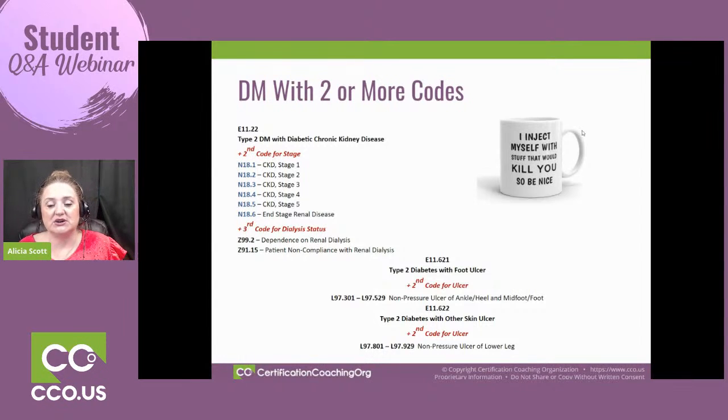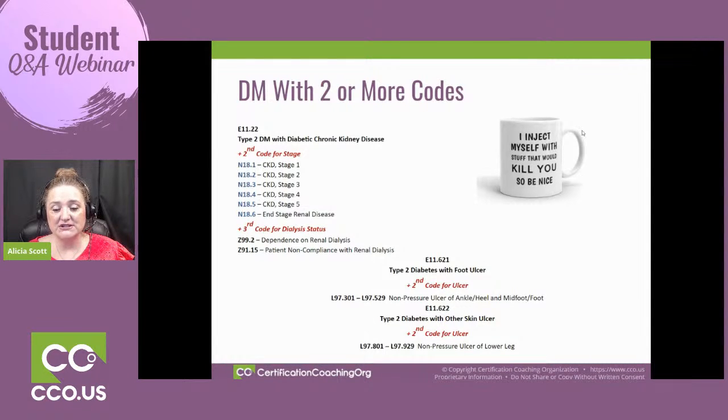So you'll notice the code range for the ulcers, L97, and these are non-pressure ulcers, foot ulcers that are diabetic ulcers. L97 is where you're going to be looking, but you're going to go from 3.301 to 0.529. That's a lot of codes, and that is just for ankle, heel, and midfoot.